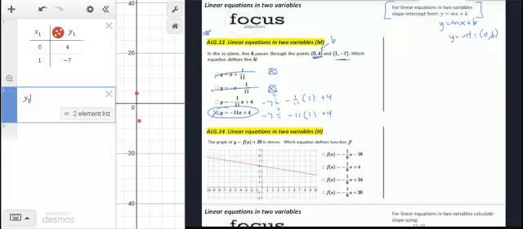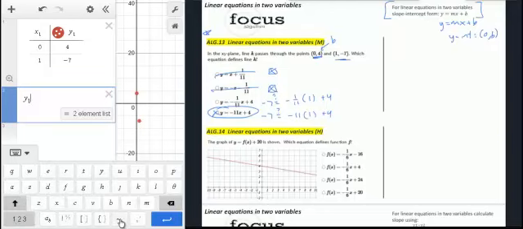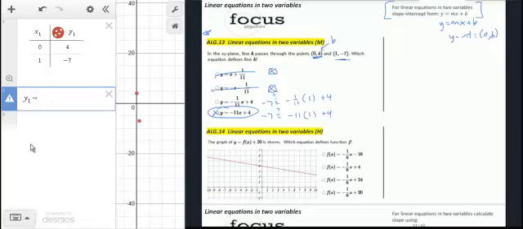And then instead of using equal to, you're going to use that little tilde button, the similar to symbol. If you go into the keyboard and find this button right here, it's also at the top left of your physical keyboard. That designates that you're doing a regression. So this works for quadratic functions, exponential functions.